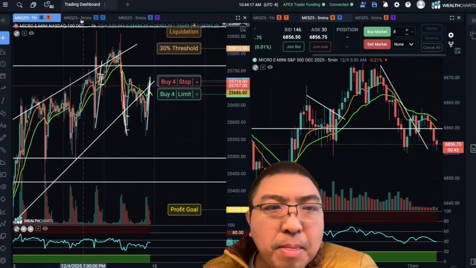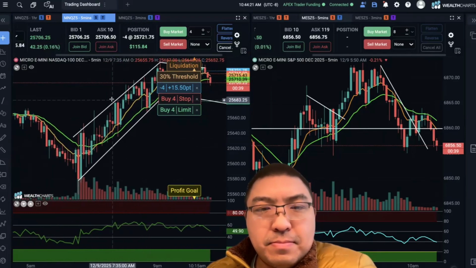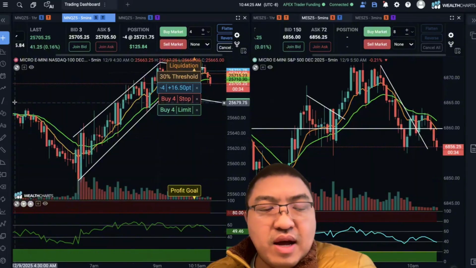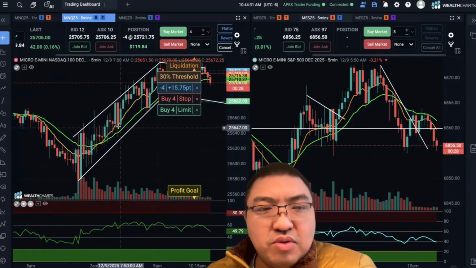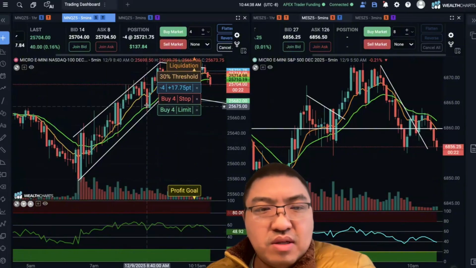Not really. But this is the high as far as I can see, the most recent high, and this is an obvious resistance: pushback, and buyers resume the attack. Get pushback here, something here.